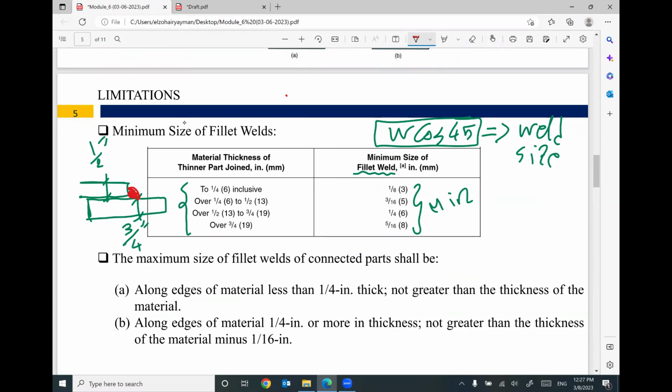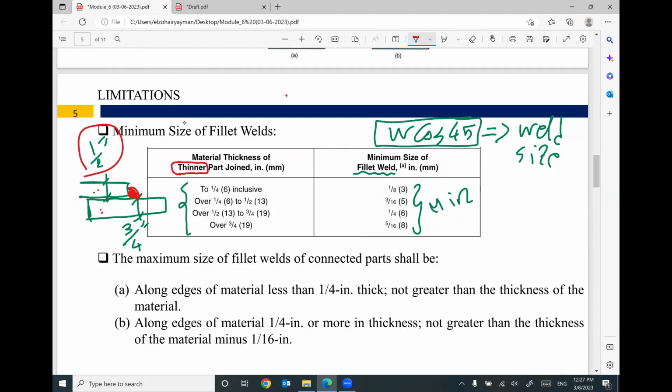What is the minimum welding size I can assume? Okay, go ahead and use the minimum thickness. If the two thicknesses are different for this plate and this plate, go ahead and use the thinner one. The thinner one is 1/2 inch.